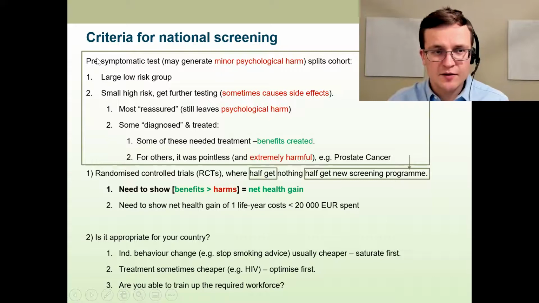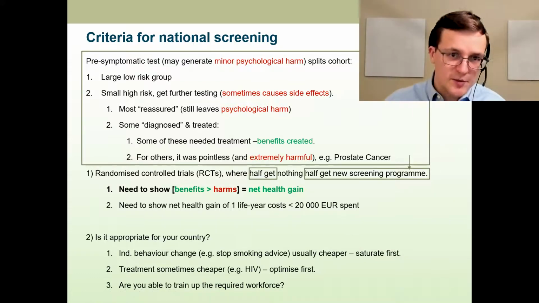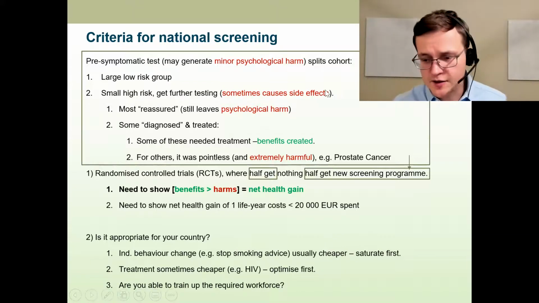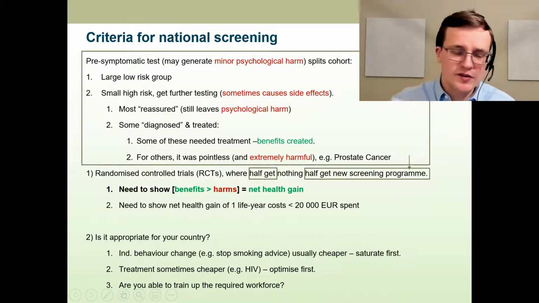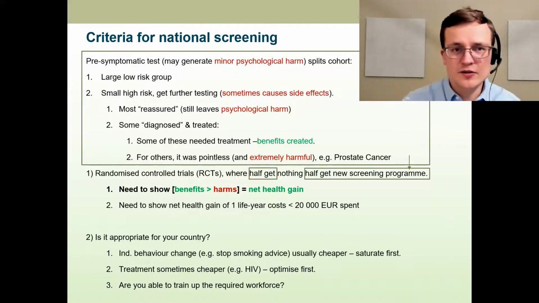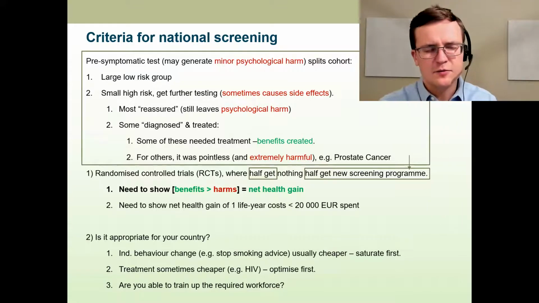So let's go back. The early test tells you that you're not sure. The second test can itself, by the act of doing it, which is more invasive, for example a needle biopsy of a breast or prostate, cause quite serious side effects. Occasionally, when taking a prostate biopsy, you can make men impotent or make them lose urine control, and often that intervention was not necessary.